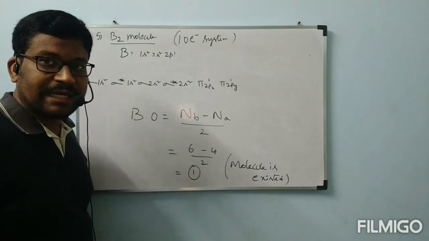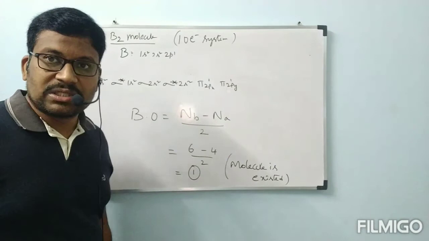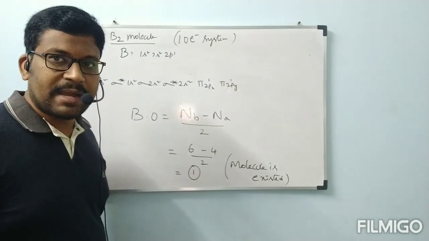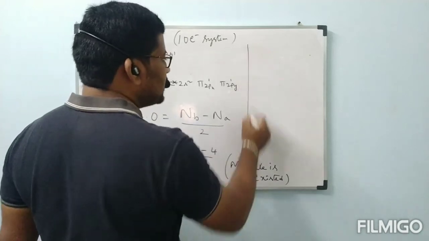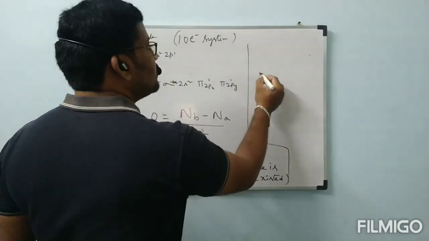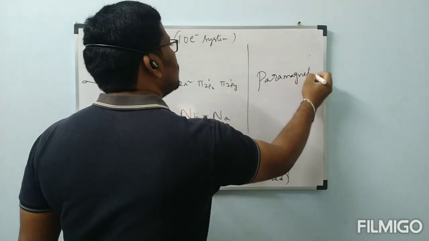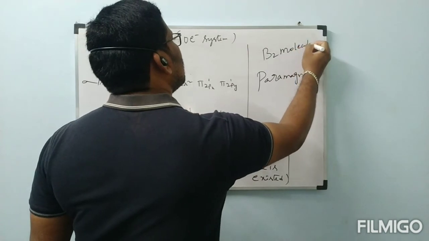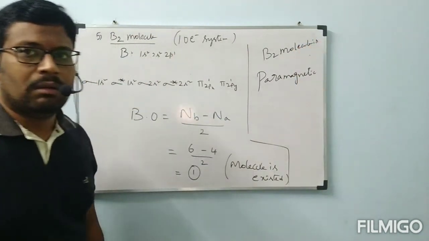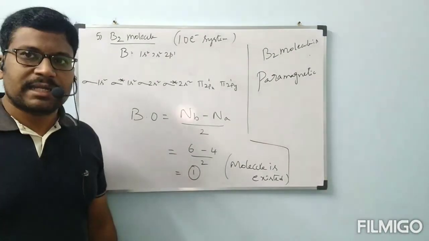And what is the magnetic nature? It has 2 unpaired electrons. If it has 2 unpaired electrons, it is paramagnetic in nature. Even 1 unpaired electron is also paramagnetic. So the magnetic nature of the B2 molecule is paramagnetic.